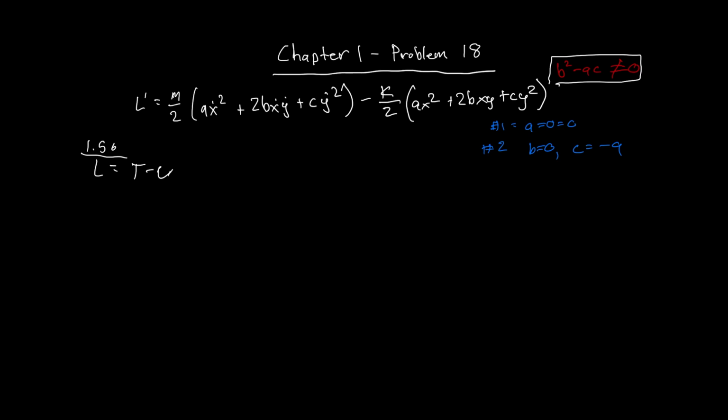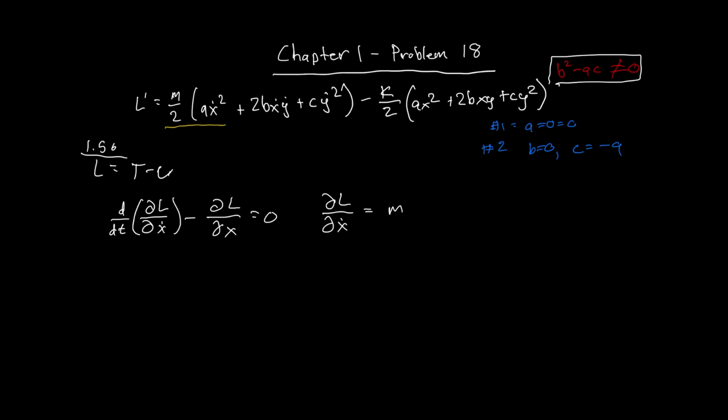So there's the Euler-Lagrange equations, d dt of partial L with respect to x dot minus partial L with respect to x equals 0. So first we'll start with partial with respect to x dot of this. That's just m, and I'll kind of highlight it as I'm going.